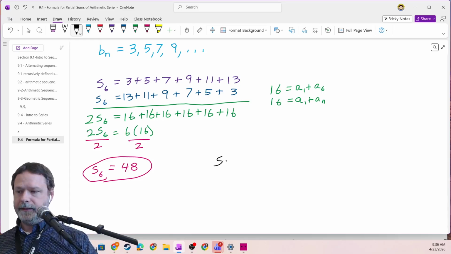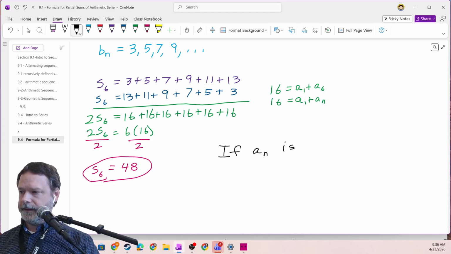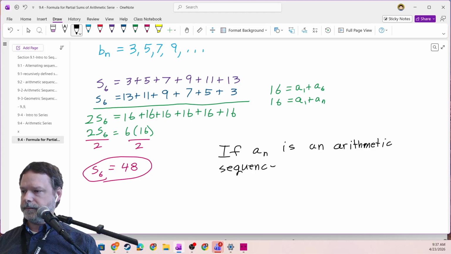So in other words, if A sub n is an arithmetic sequence, what is our partial sum S sub n?